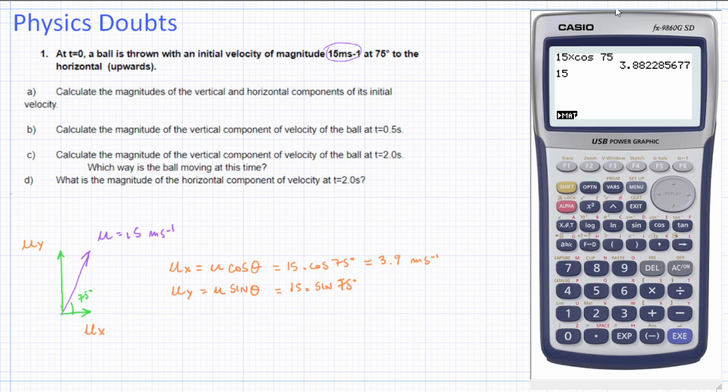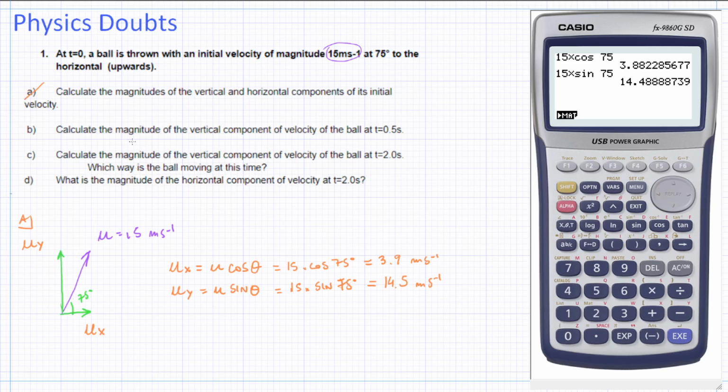Well, we have to do 15 times sine of 75. And then it's 14.5. Now here, notice that if I take too few significant figures, if I round this up, I would get back to 15. So yeah, do worry about your roundings. Okay? So letter A is done.